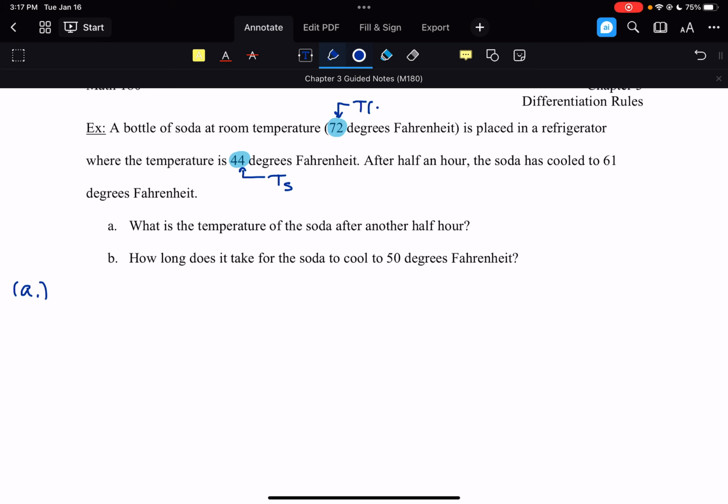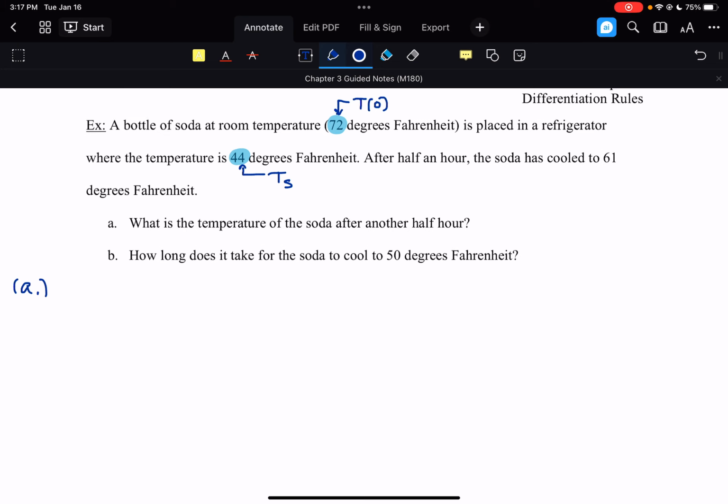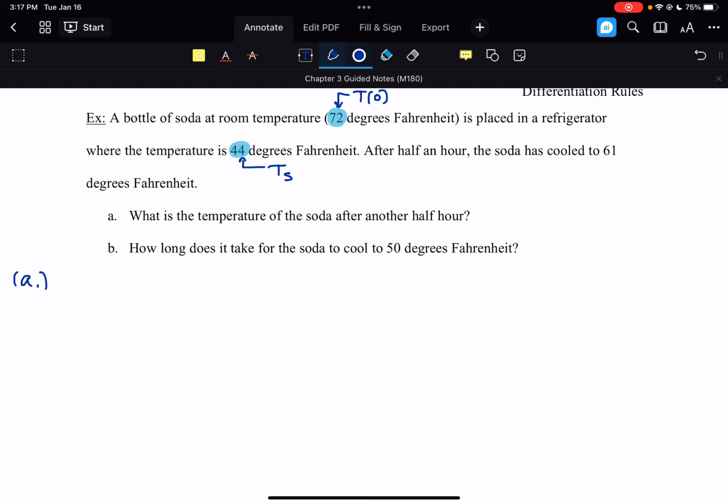So that's going to be T of 0. And we know that after a half hour, it has cooled to 61 degrees Fahrenheit. So the temperature after 30 minutes is 61 degrees.